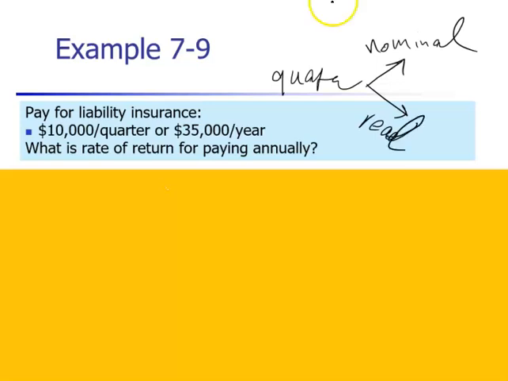Nominal is no problem, you just multiply it by 4, but for the real one, you need to go with that formulation that we have talked about, because it is interest over interest.